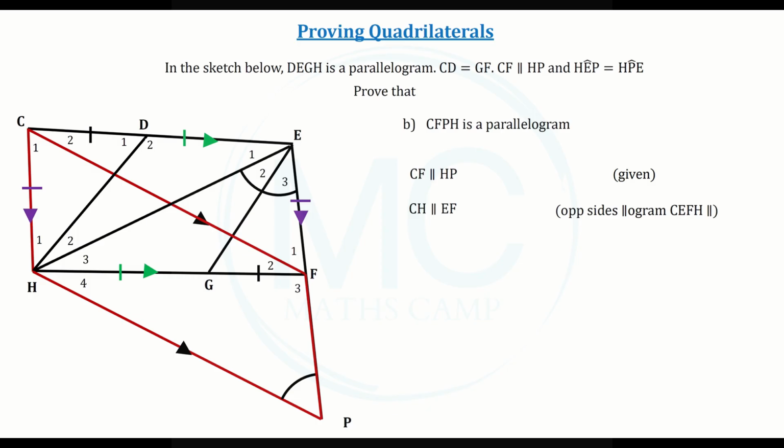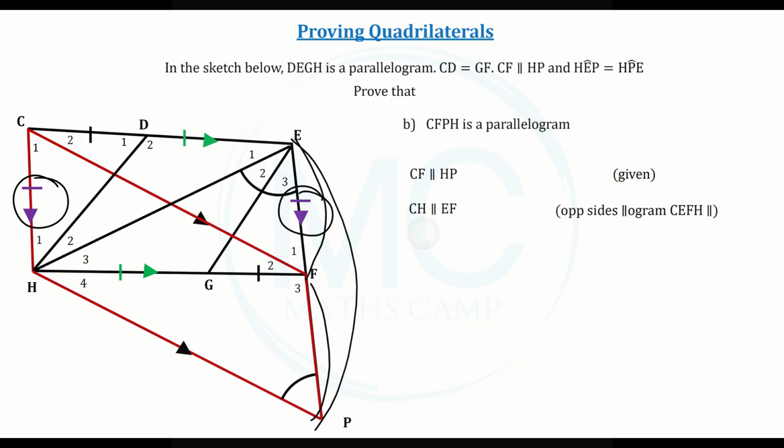From the diagram, we can see that EF sits on a longer line, EP. So if CH is parallel to EF, it's also parallel to the red section, FP. So let's make a note, and we can say that CH must be parallel to FP.